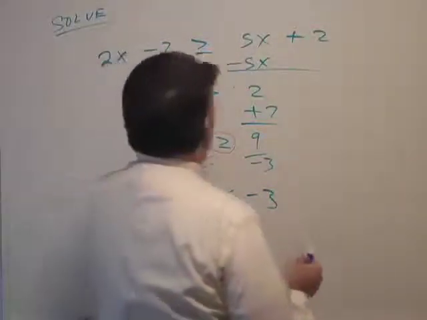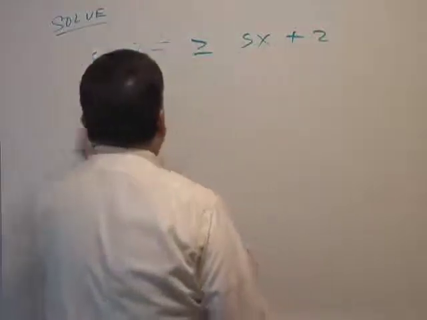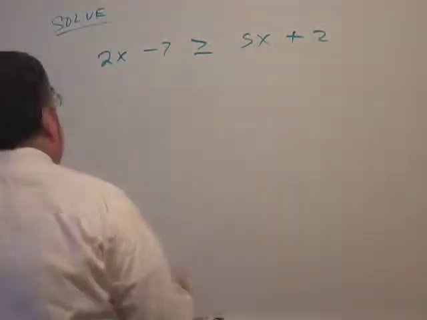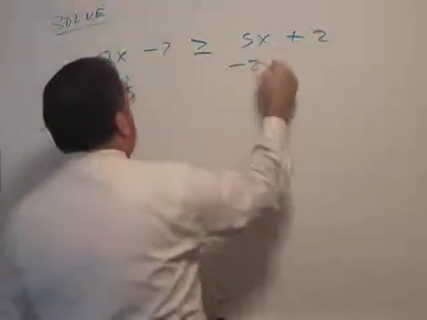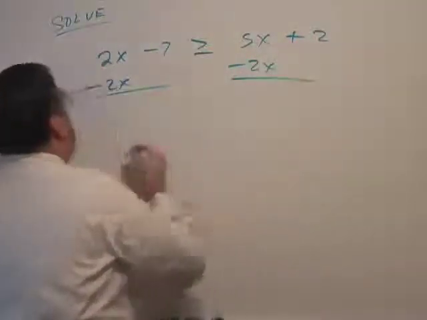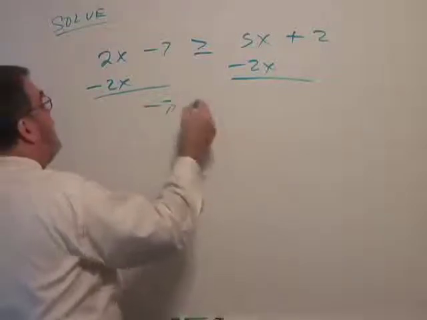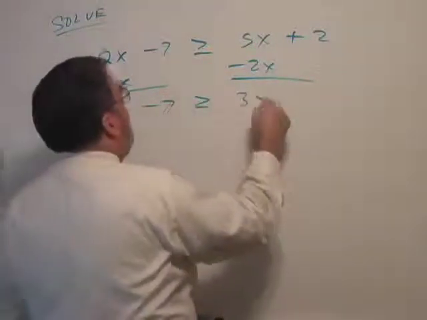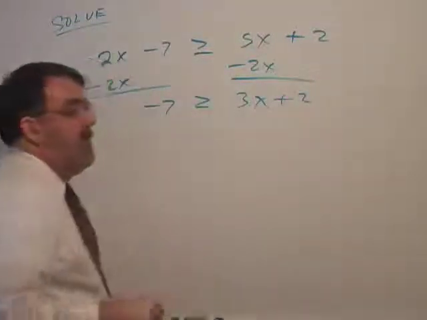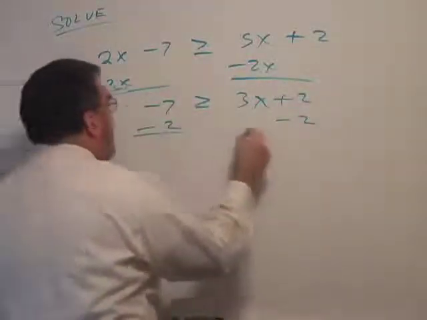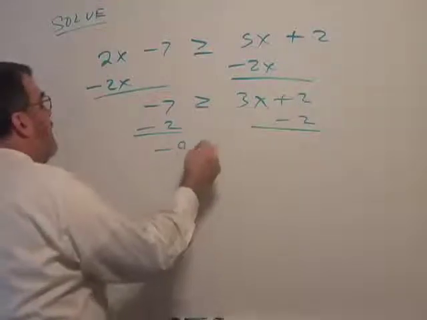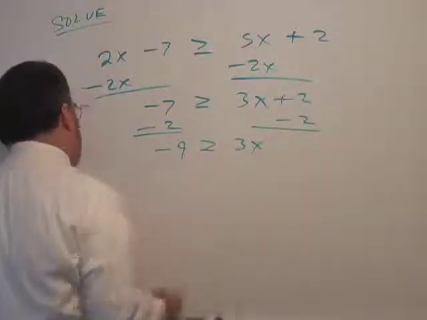So we start back again with this problem. And suppose that in working this, I decided to subtract 2x instead. Now it cancels on the left, so I get negative 7 greater than or equal to 3x plus 2. And now I'm going to subtract 2 from both sides. Negative 9 greater than or equal to 3x.